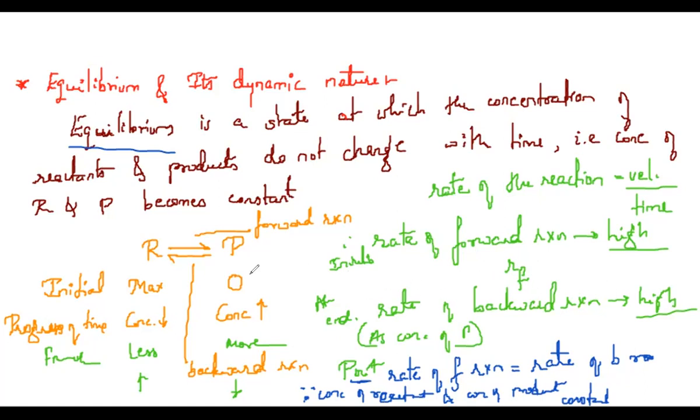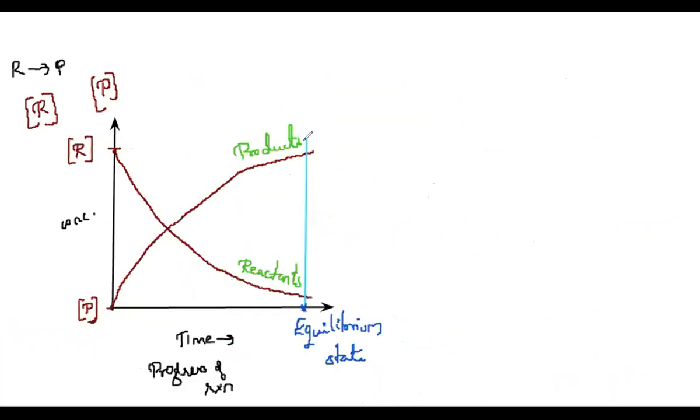In the beginning, the forward reaction is occurring at a high speed; at the end, the backward reaction is. But a point is reached where both reactions occur at the same speed, because at that point the concentrations of reactants and products will be constant, not the same. That is called equilibrium. This is the graph for concentration: the concentration of reactants goes on decreasing with time, and the concentration of products goes on increasing.